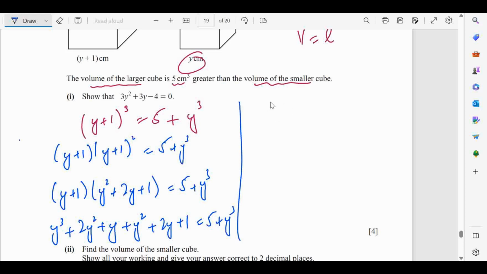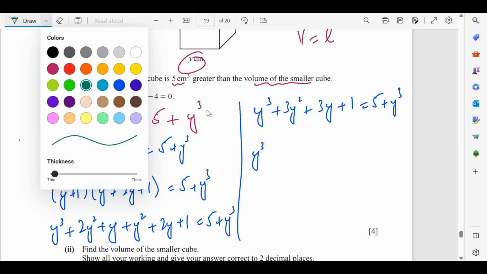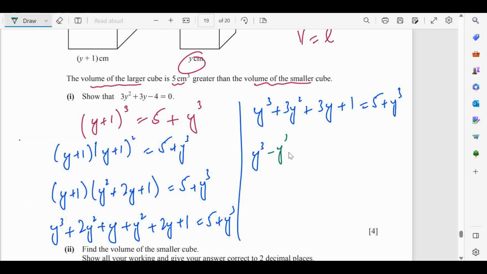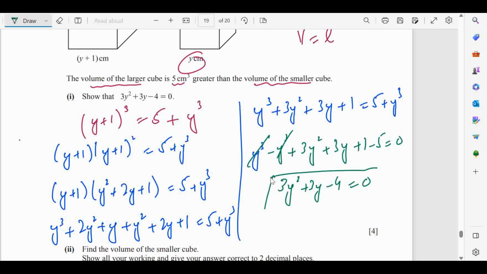If we simplify it further, this will be y cube plus 3y square plus 3y plus 1 is equal to 5 plus y cube. If we rearrange it, this will be y cube minus y cube plus 3y square plus 3y plus 1 minus 5 is equal to 0. We can cancel out these two. So this will be 3y square plus 3y minus 4 is equal to 0. That's what we have to prove. So this will be the final answer.